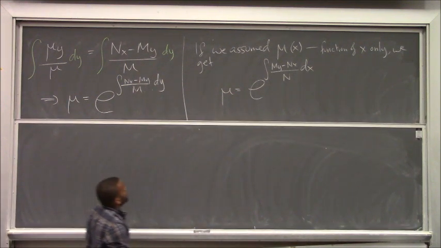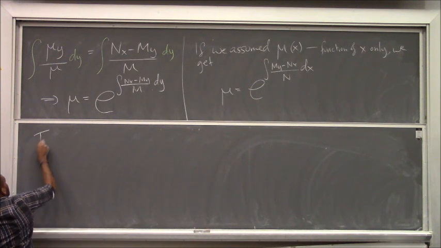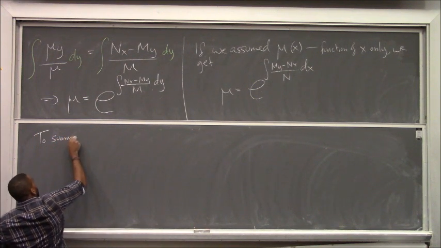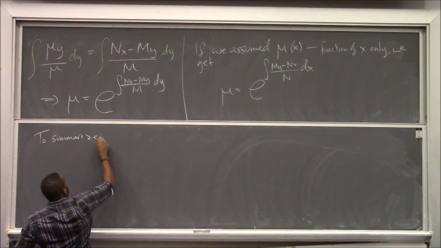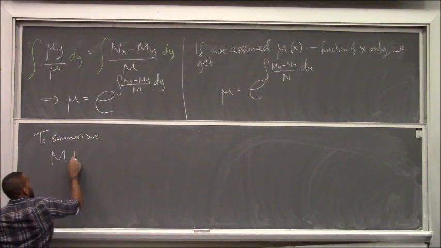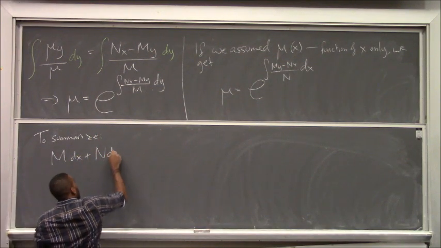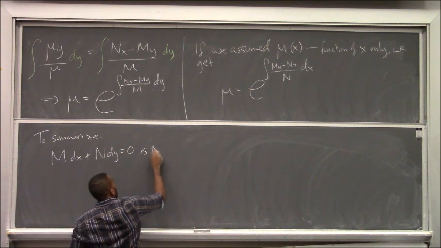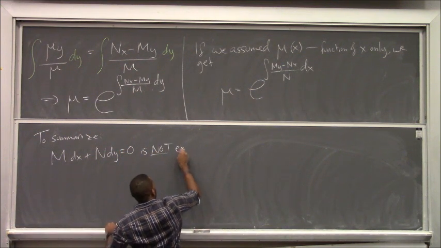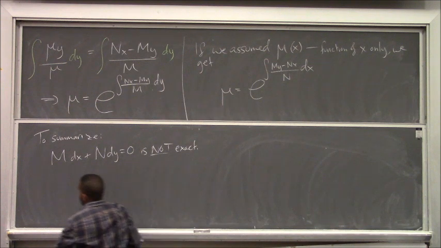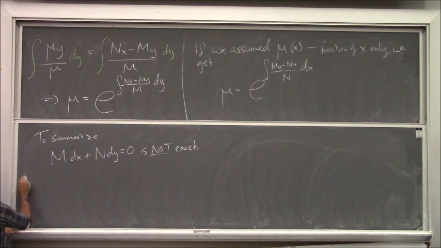So, to summarize. Let's suppose you have M dx plus N dy equals 0 and it is not exact. But I'll give you these two cases.